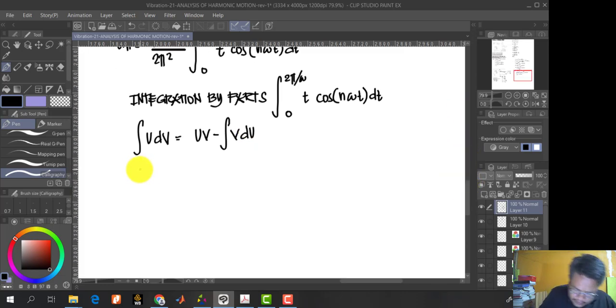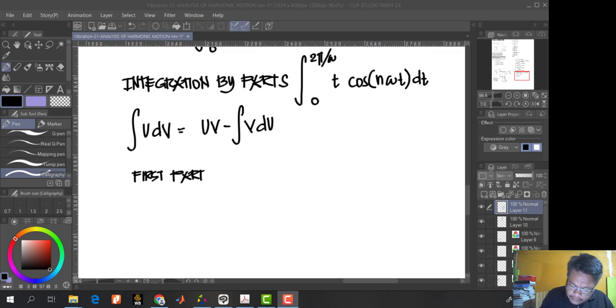Now for the first part, for my first part here, I'm going to define the value of my u, no. So the value of my u is t. So from here, first part that will be u, that will be t, no. Then next, let's try to make a derivative of this one.